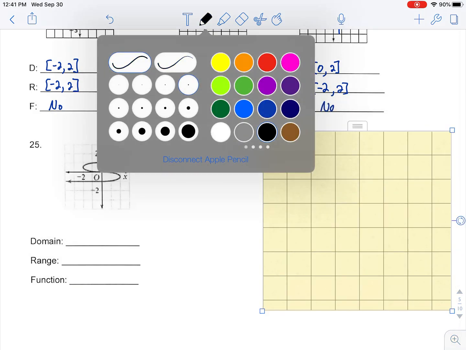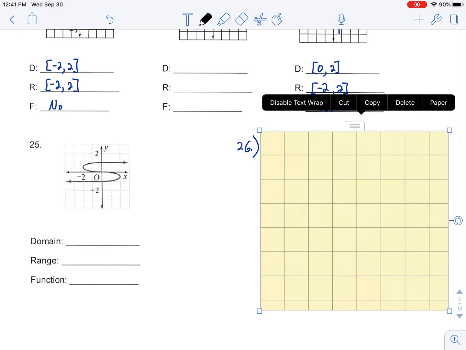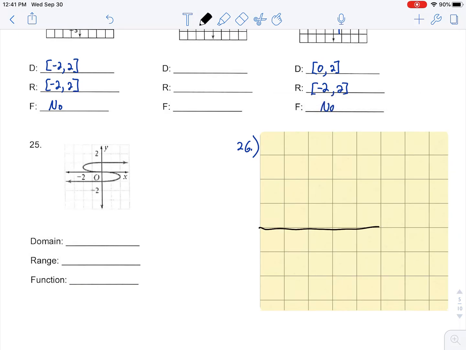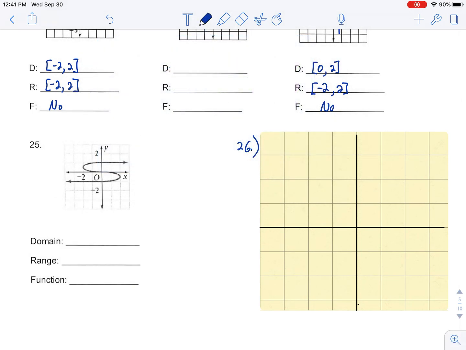Let me switch to black pen. This will be my x-axis. This will be my y-axis. I'm sure a lot of you are done and already started your homework. Oh well. Let me draw a graph that looks like this. It goes from here, zig, zag, and then horizontal. So this is a real funky graph.